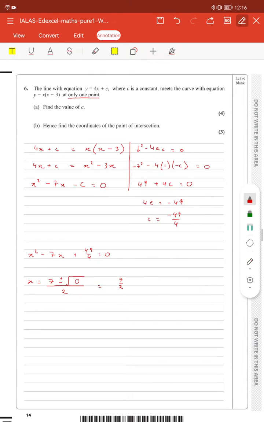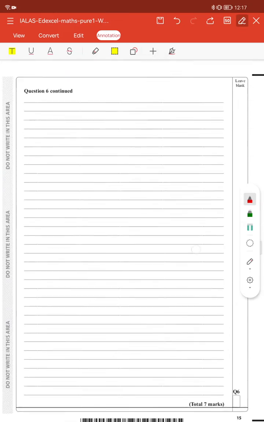And by doing that, we can substitute that value into either y equation. I would suggest doing the one that they have given you the full equation for. And this would give us an answer of, which would be 7 over 4. So the coordinates would be 7 over 2 and 7 over 4.